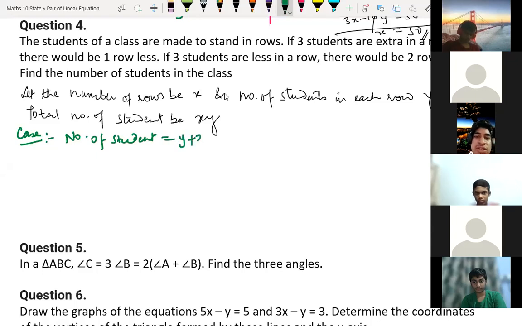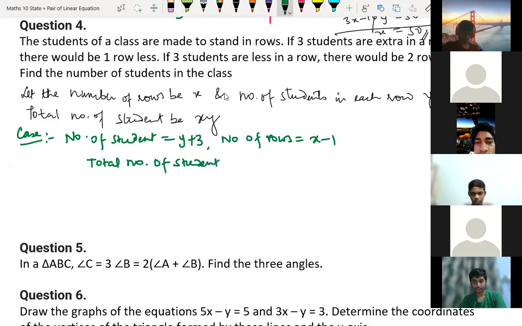And the number of rows is equal to x minus 1. Then the total number of students is equal to x minus 1 into y plus 3.